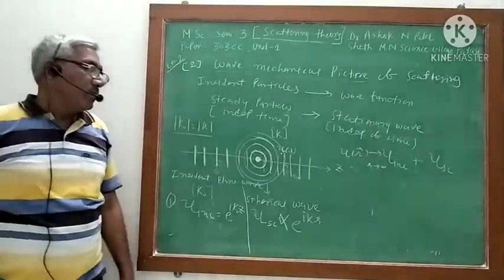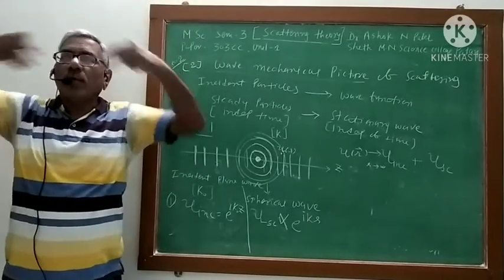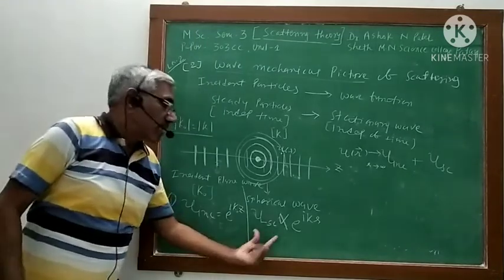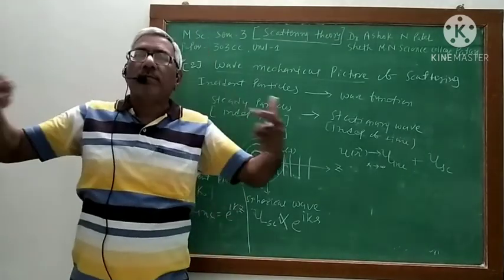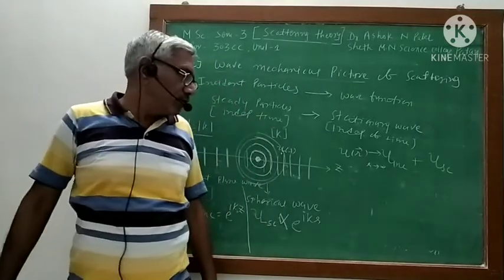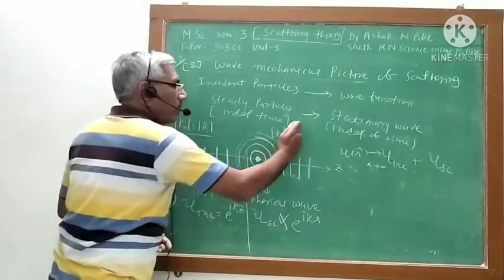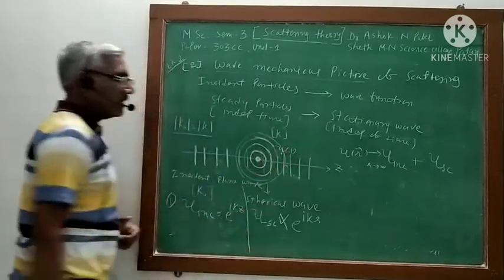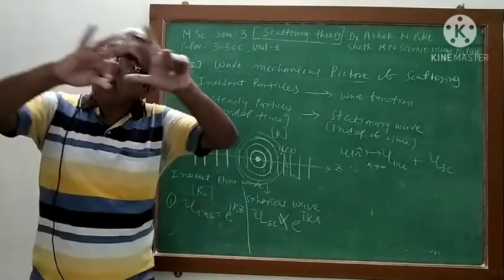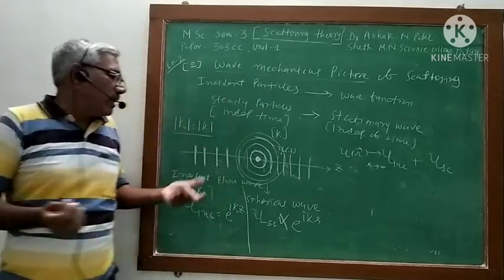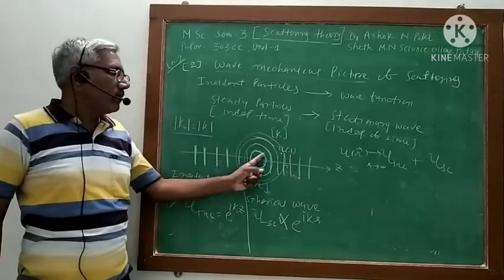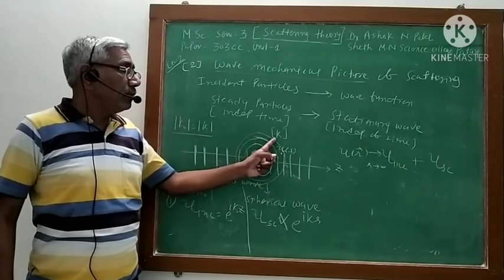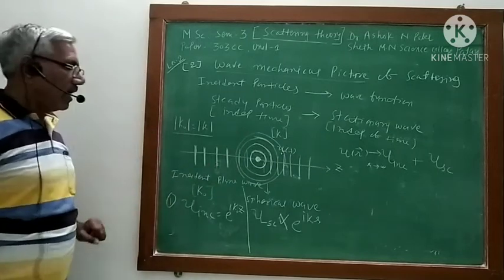But you see, when waves propagate in the increasing direction, the scattered wave magnitude decreases. As you move away from the center, as r increases, the scattered wave magnitude decreases with the distance r.